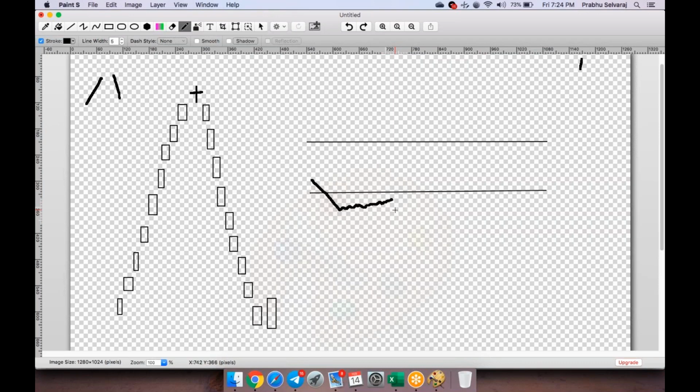Then when should I make an entry? You have to make an entry when the RSI is crossing 40.